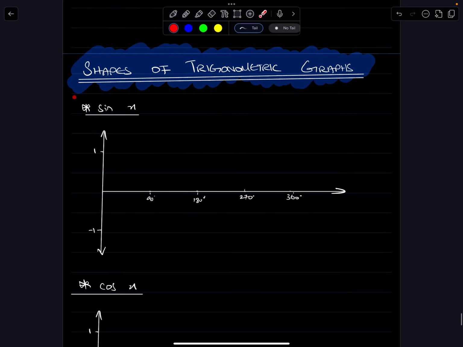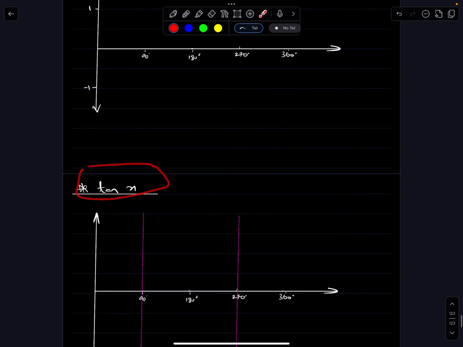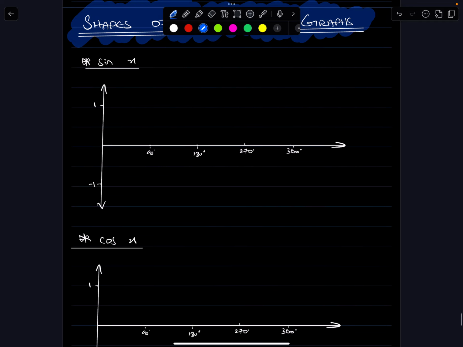So, what do the graphs of these trigonometric functions, sine, cos, and tan, look like? First of all, starting with sine, we do have a few defined intersections, such as one at 90 degrees, the other at 180 degrees, and then another at 270 degrees and minus 1, and 360 degrees and 0.